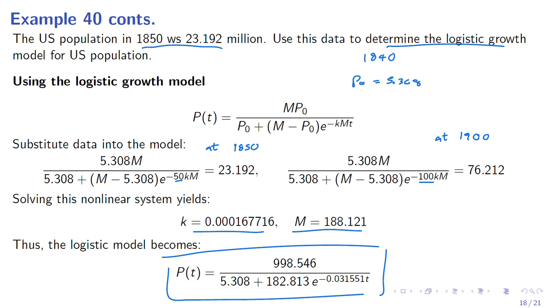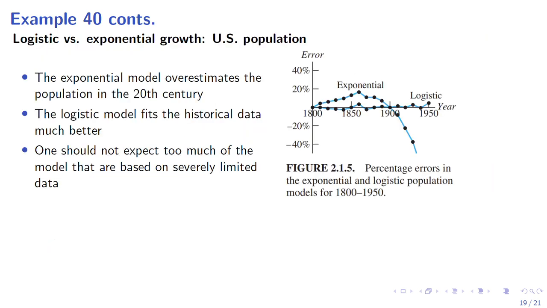The logistic one or the exponential growth model? Okay. So, to discuss that, what we can actually do is look at the population data over time in the US and look at the error between the actual population and each model.